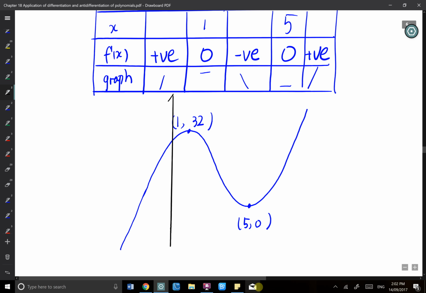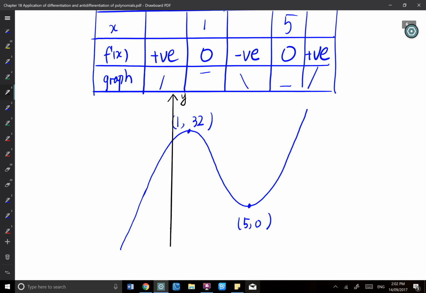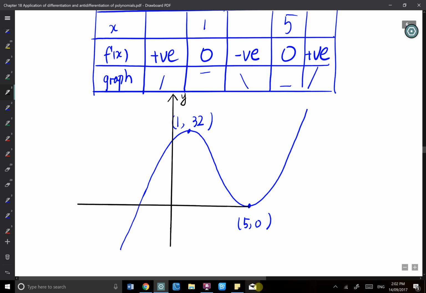The y-axis must be here, and the x-axis must be here because of (5, 0). That must be the x-axis, that must be your y-axis, and you also know that this point is (0, 25).